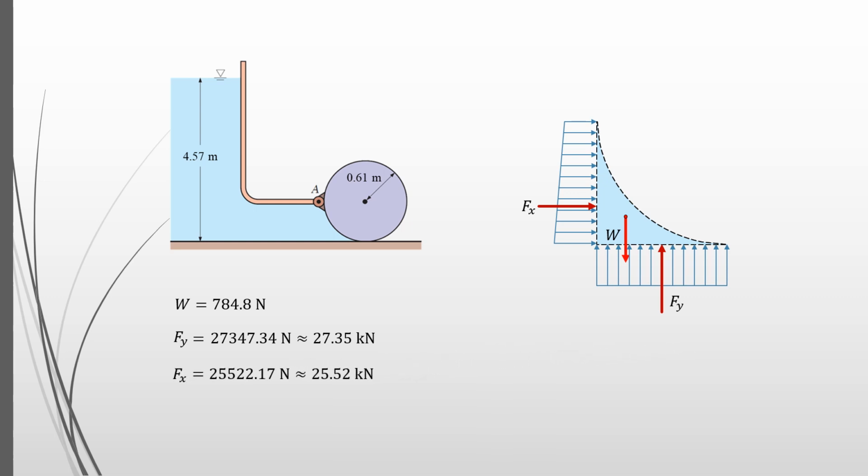Now we draw the reaction force from the gate to the fluid, which is Fr. Its horizontal component is Fh, and its vertical component is Fv.